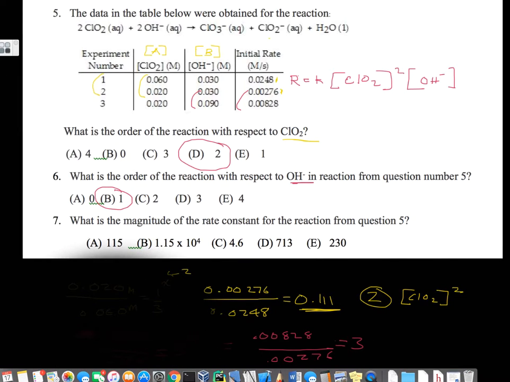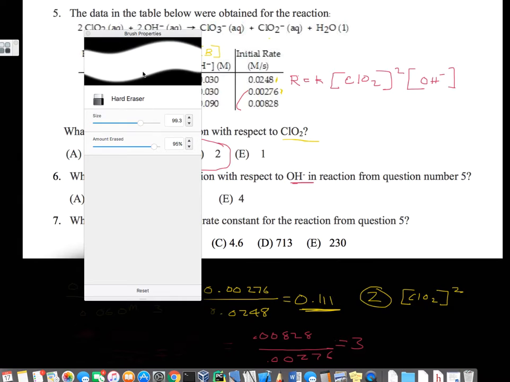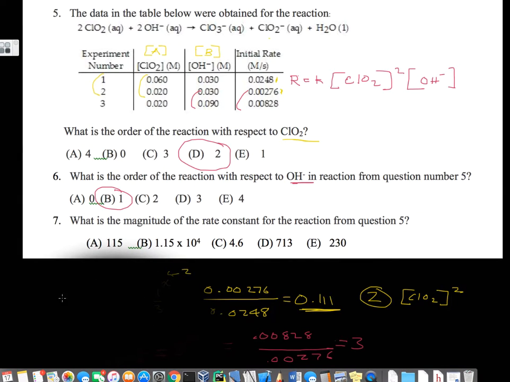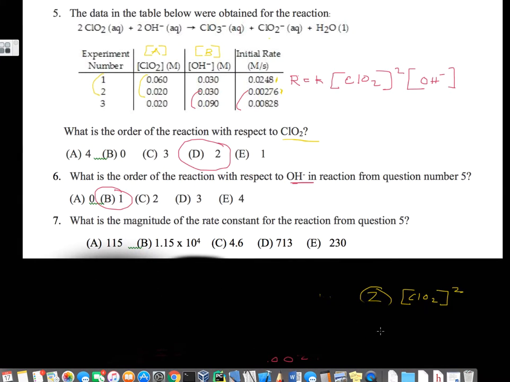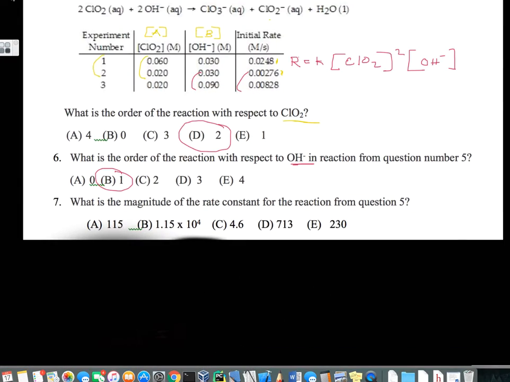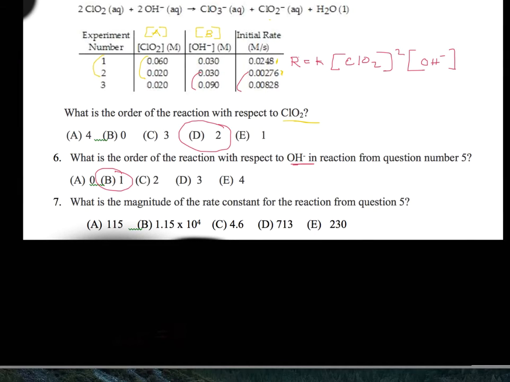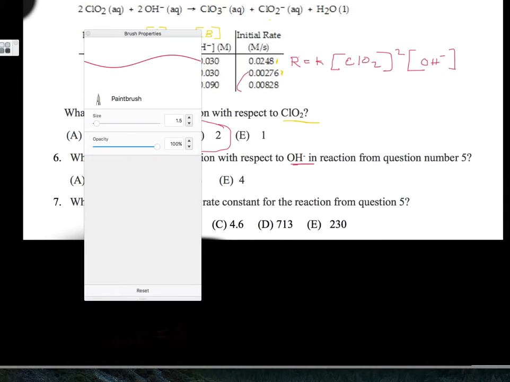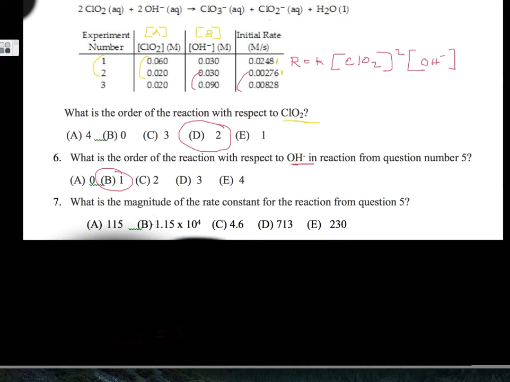I think I made it a little too big. There we go. Okay, and let me get my other tool back here. Okay, so we have this equation here.